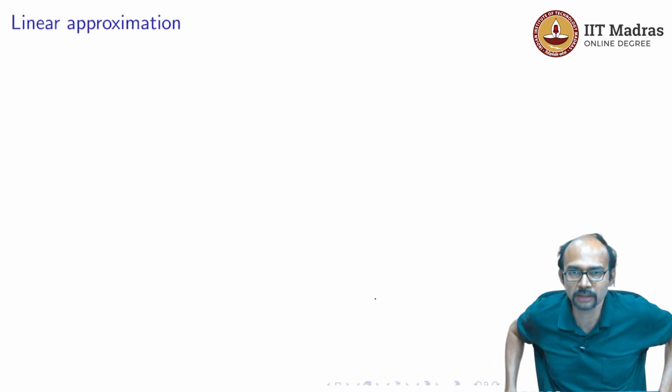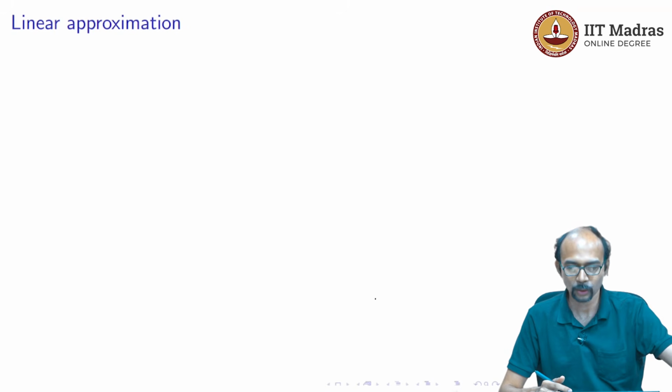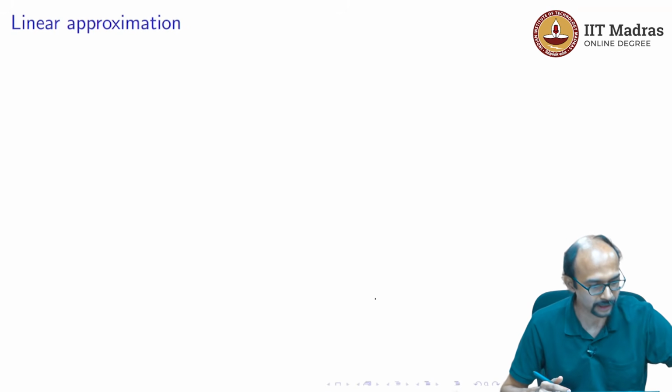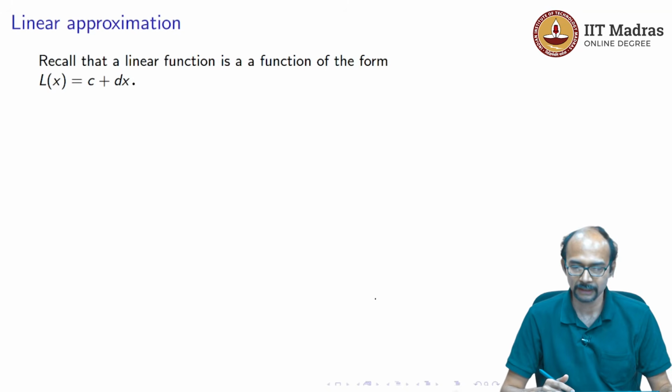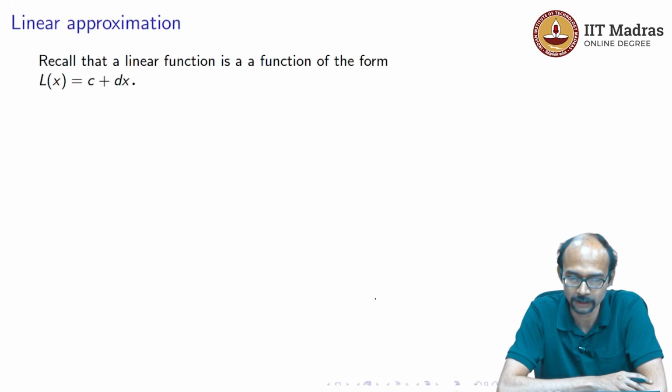Fine. So, let us now consider the notion of linear approximation. So, what is linear approximation? We have a function f and we want to approximate it by a linear function. So, what is a linear function? Let us recall that a linear function is a function of the form L of x is c plus d times x.